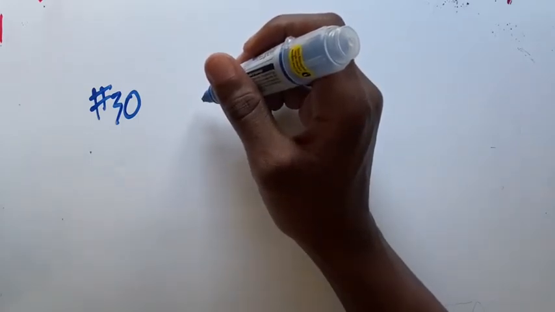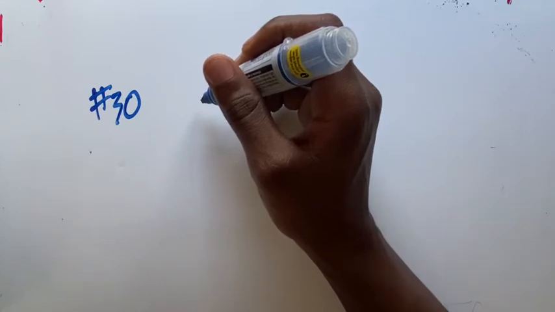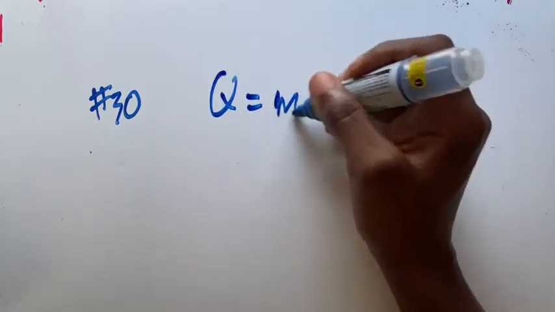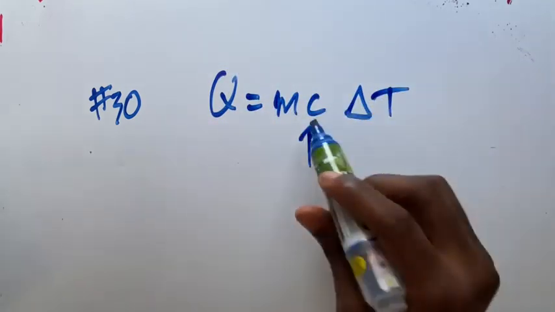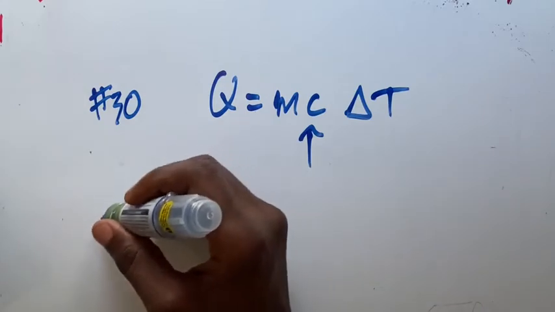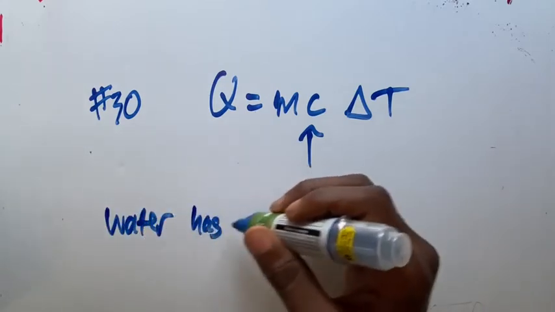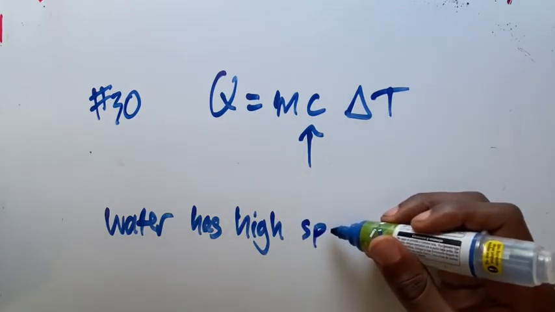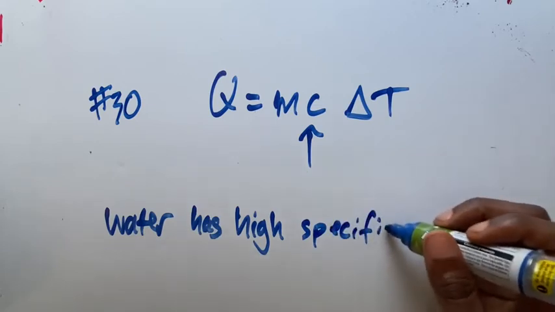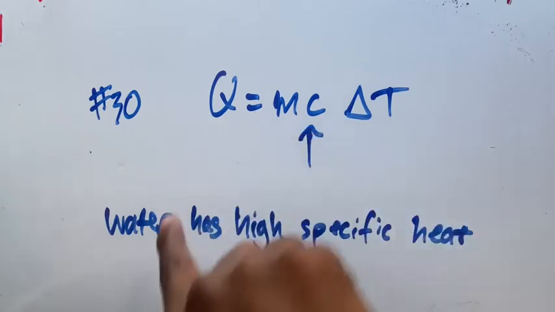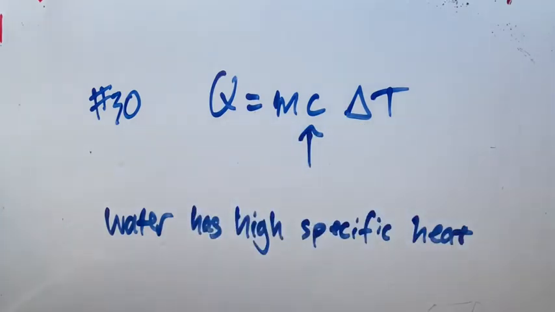A high or low specific heat? Well, specific heat is that right there, that C. A good way to remember this is water has a high specific heat, meaning that it takes a lot of heat in order to change the temperature of water.